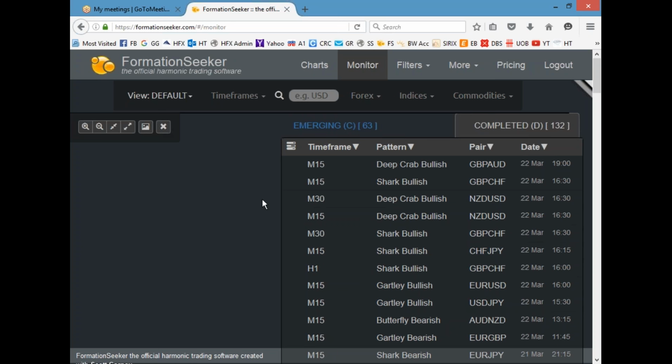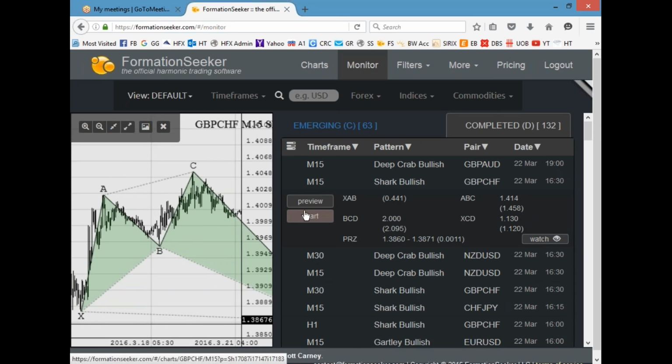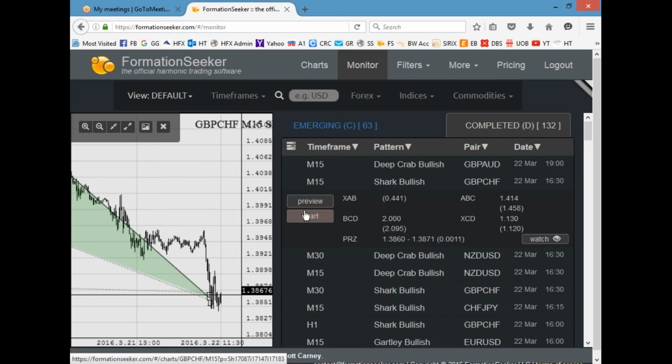Okay, so let me pick up an example of something that is just being completed. You can click on the pair that you want, and you can click preview, which is really just to see what's going on here.